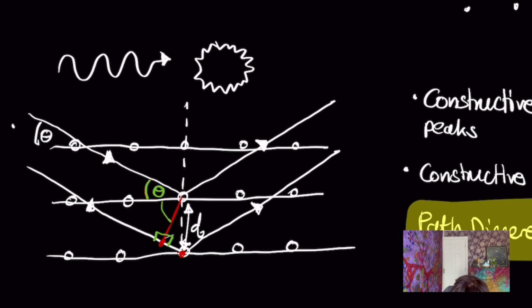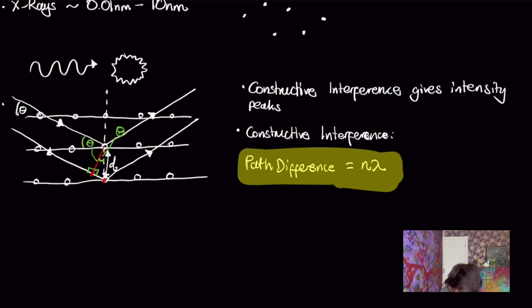Therefore, this angle is 90 degrees minus theta, and this angle right here, a little bit hard to draw, is also going to be theta. So using trigonometry, sine, cos, and tan definitions, we can write that this side right here is actually d sine theta.